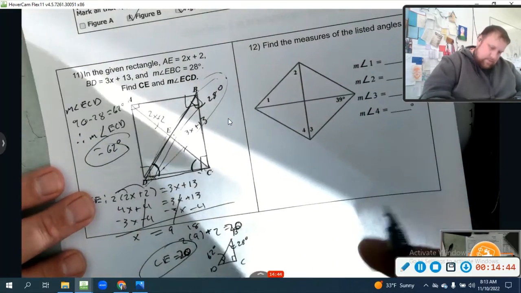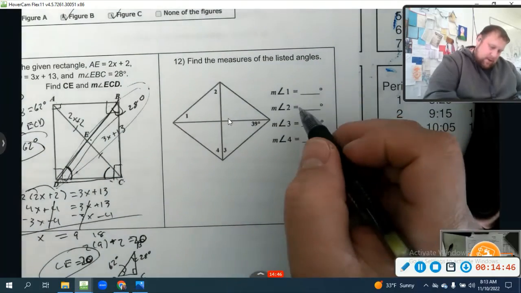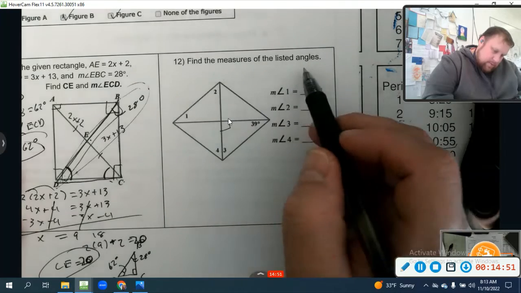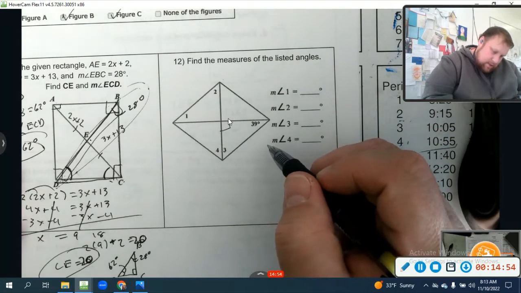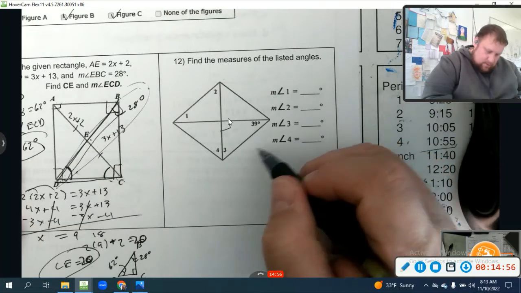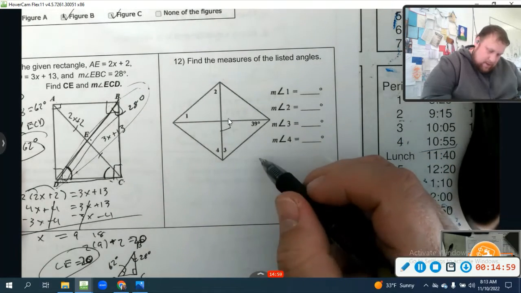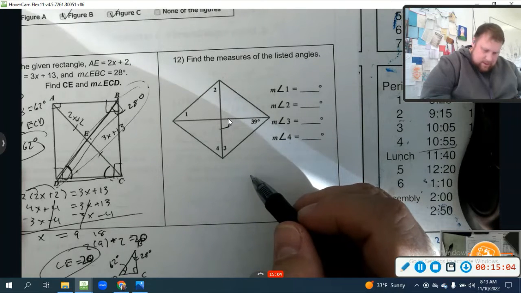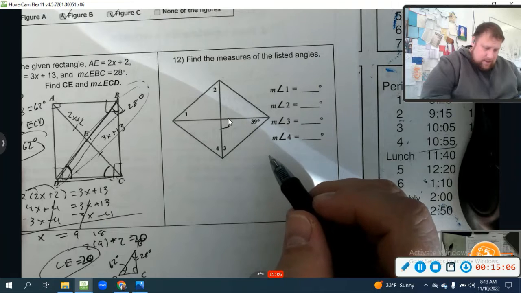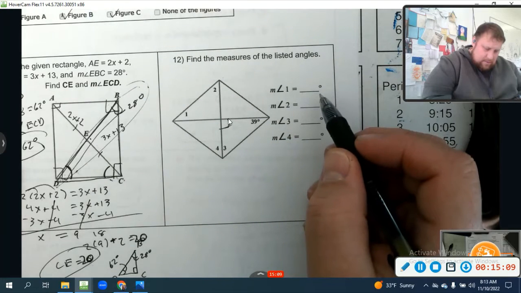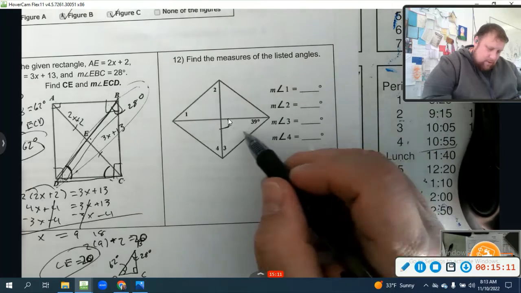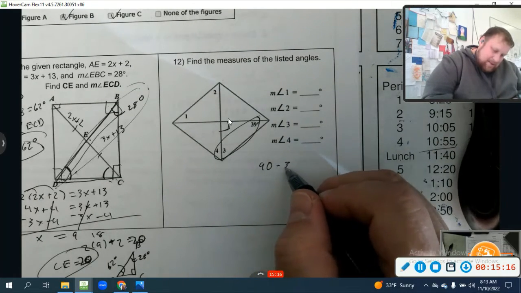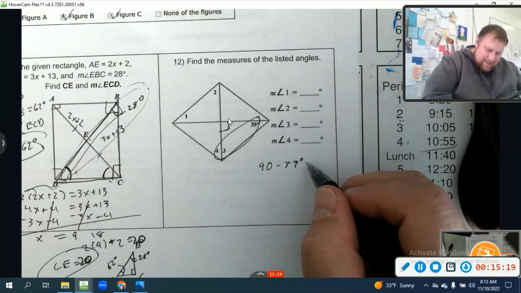Okay, we're almost done here. Let's look at this right here. What do I know? These are all 90-degree angles. Find the measure of the listed angles. Okay. So these are all angle bisectors, and if this is 90, and these add up to 90, so 90 minus 39 degrees is equal to what, 51 degrees?